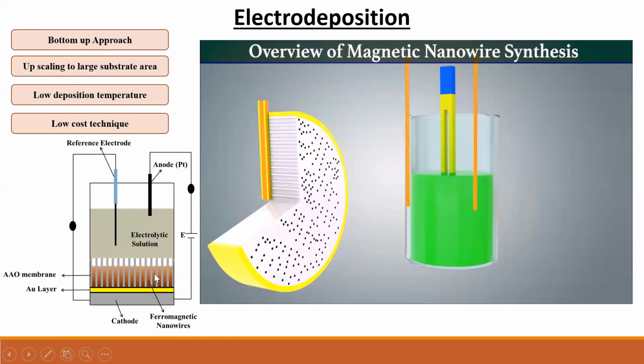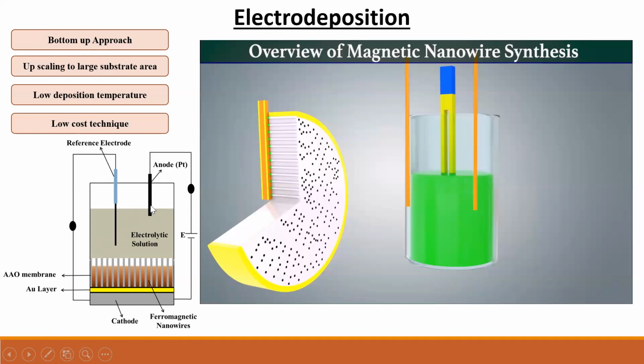We have the electrolyte solution. It can be, say, nickel sulfate, cobalt sulfate, iron sulfate, copper sulfate. Whatever solution you want, we dissolve that specific salt in DI water. We have the reference electrode, and we have the counter electrode as platinum, or the anode as platinum.